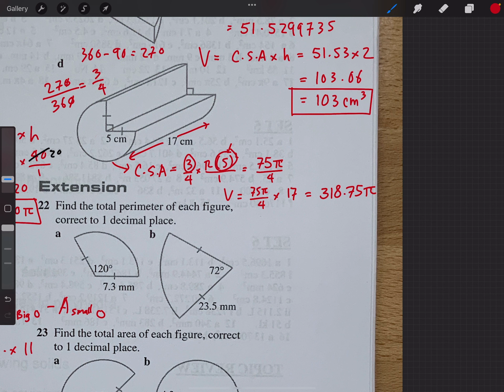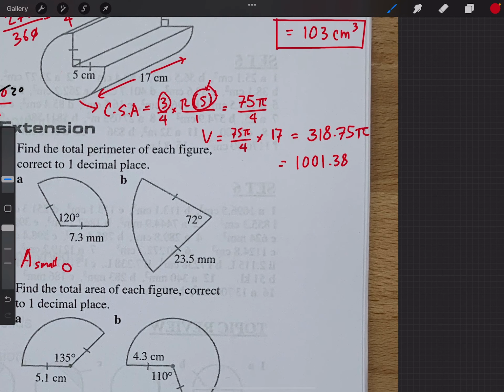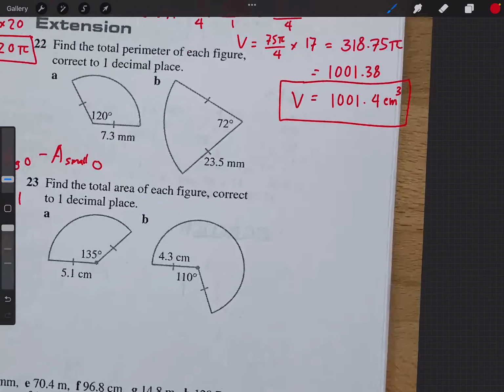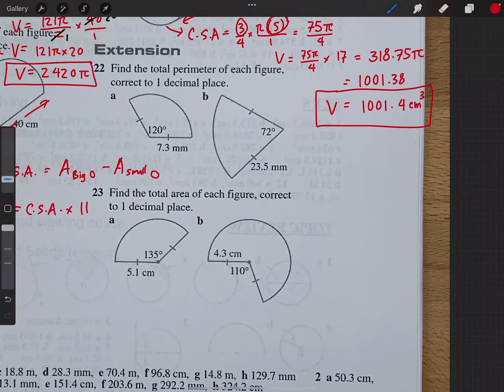So let's multiply that with pi to get our answer, which is equal to 1001.38. It says to the nearest 1 decimal place, so that's equal to 1001.4 centimeters cubed. So that's the volume. Alright, that's the answer for that one.